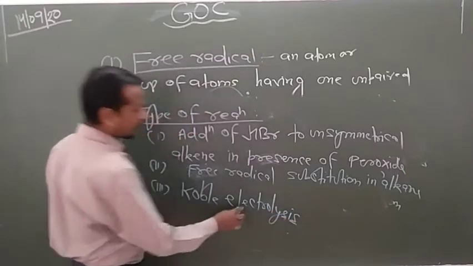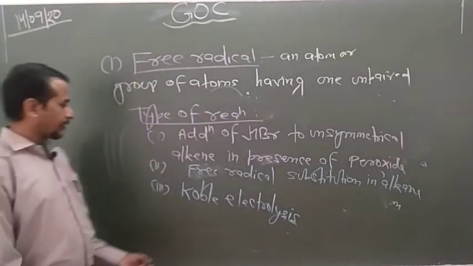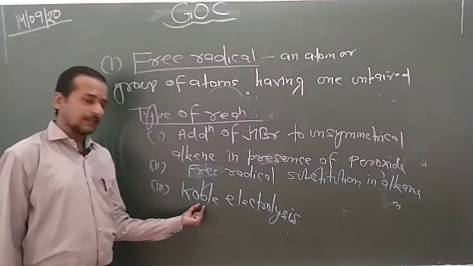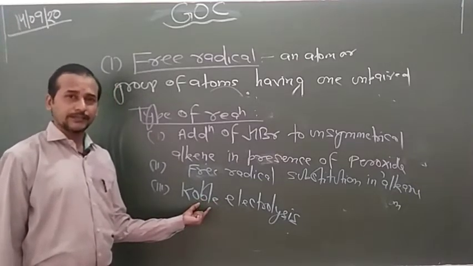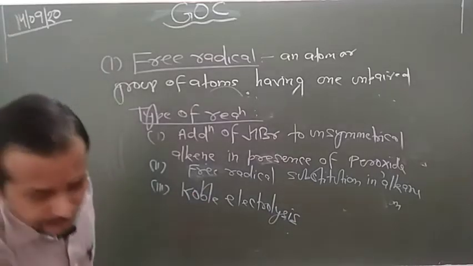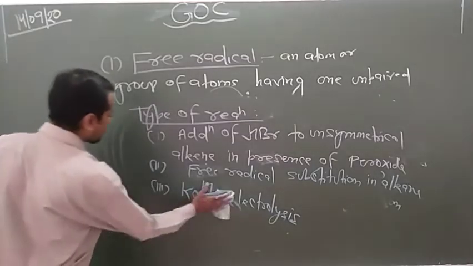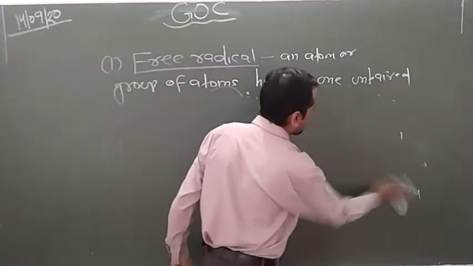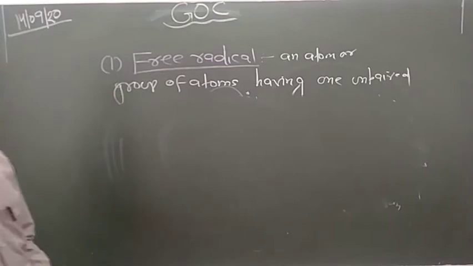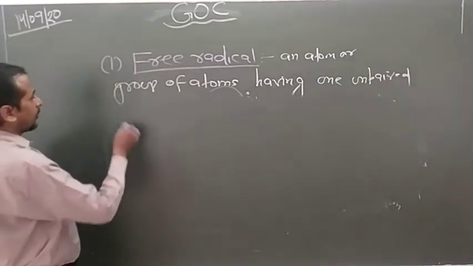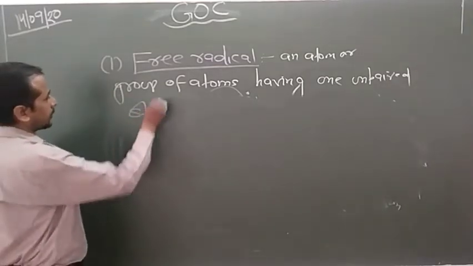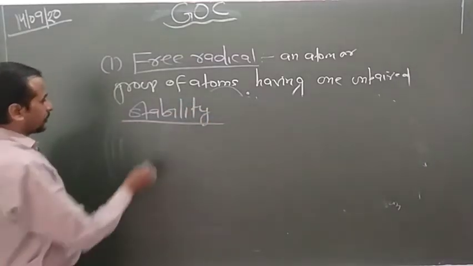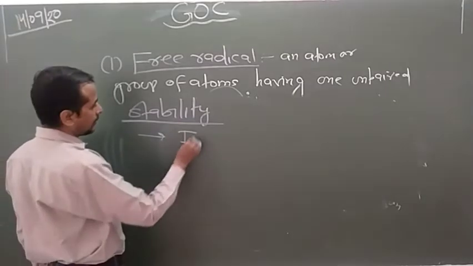About this electrolysis I told you in class 11. Kolbe electrolysis is responsible for the formation of alkanes and alkynes. Now these are the types of reactions where the reaction intermediate is a free radical. Now stability. How will you decide the stability of a free radical? This is due to the inductive effect.